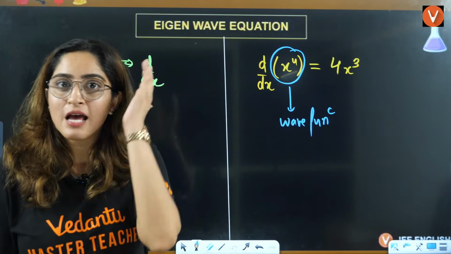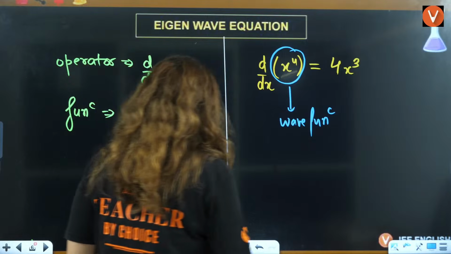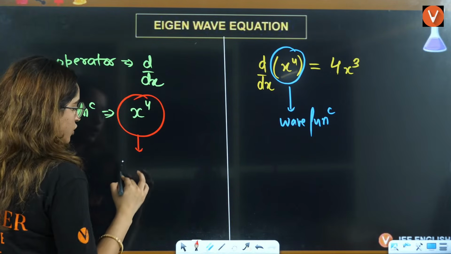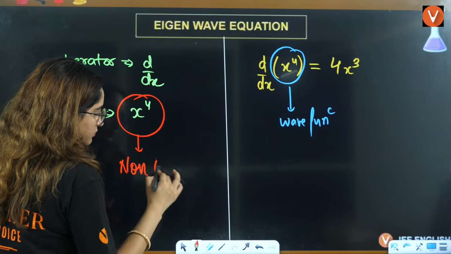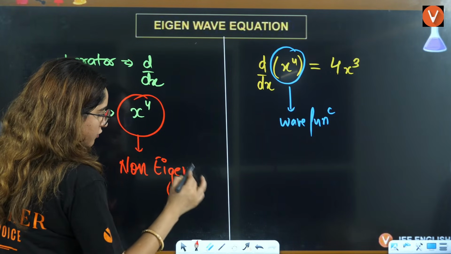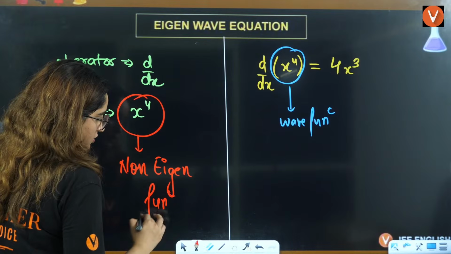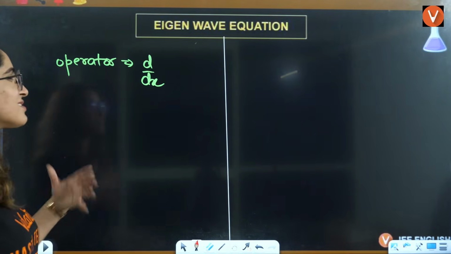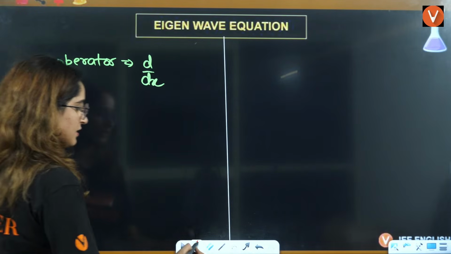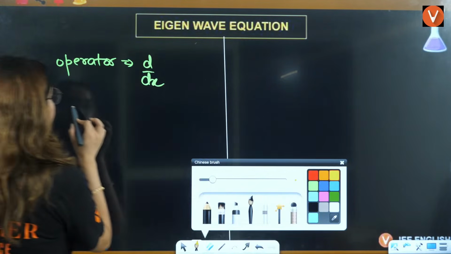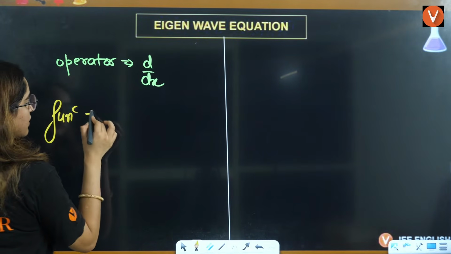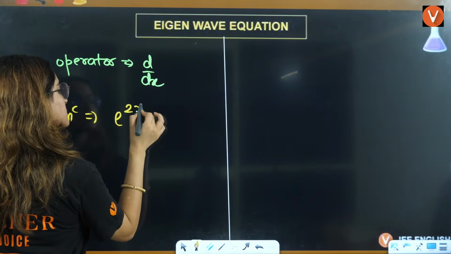That means this is a non-eigen function. This is a non-eigen function. Then ma'am, what is this eigenfunction? Let's see that. If I say the function is e raised to power 2x, okay?